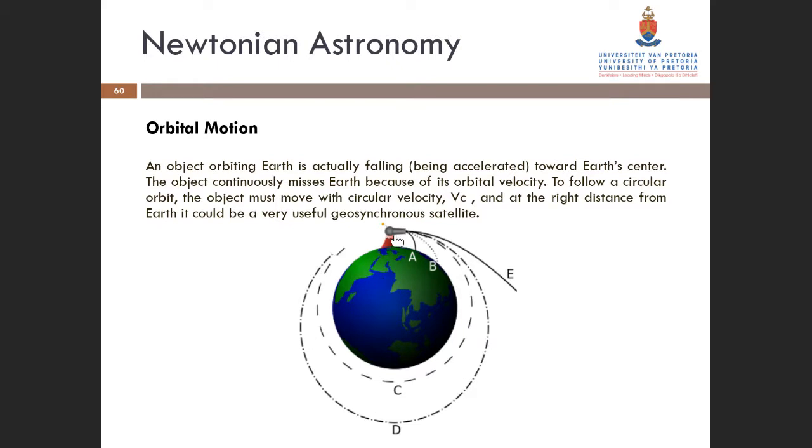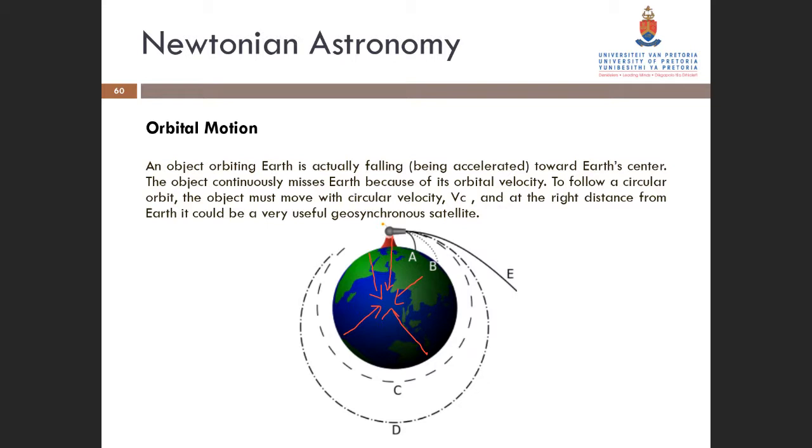It doesn't matter where we are around Earth, we are being pulled with the same amount of force, toward the center of Earth. So when we are in orbit, such as this object right here, we are being pulled to the center of Earth.